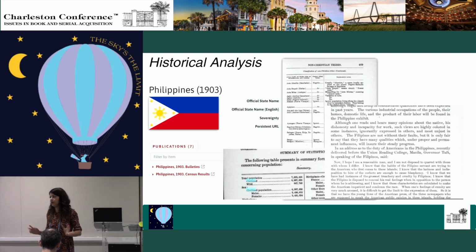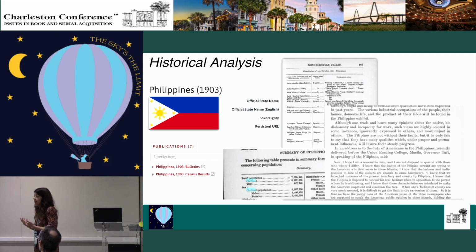So it's a perfect place for discovery. For example, the Philippines, 1903. This census was conducted by the occupying US military, and the way they conducted it, they separated the population into civilized and wild. And not only that, they had all this written piece about the so-called natives.